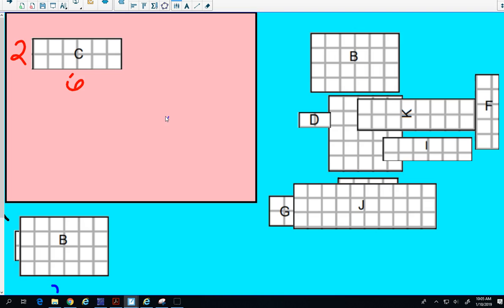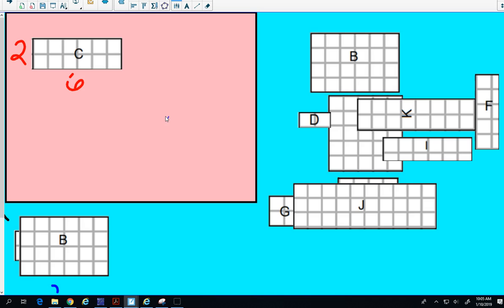Okay, and so once you've done that, I want you to write on your paper, if you're right next to it, maybe don't glue it yet, but write the side lengths on your paper. Did you guys find the one that goes with C? Okay. All right, which shape did you find to go with C?